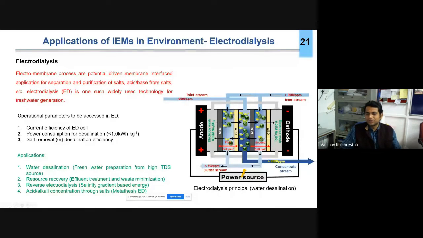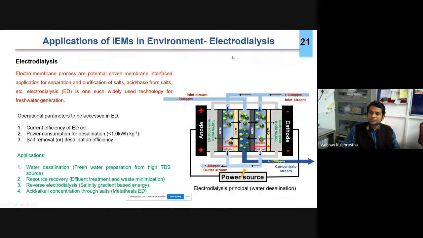In this picture, you can see the representation of the electrodialysis setup, where we are using NaCl solution as a feed, and there are basically two channels. One is for the diluted stream, another is for the concentrated stream.